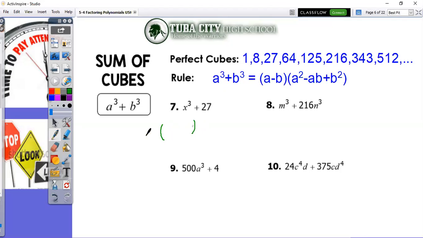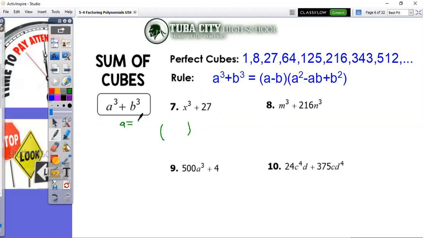All right, so let's go ahead and apply the rule. Again, we're going to have to do a little bit of uncubing. So A equals, and we uncube it. Take the first term, which in this case is x to the 3, and take the cube root of it.